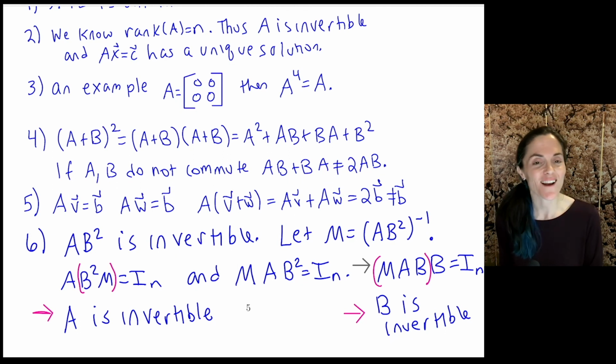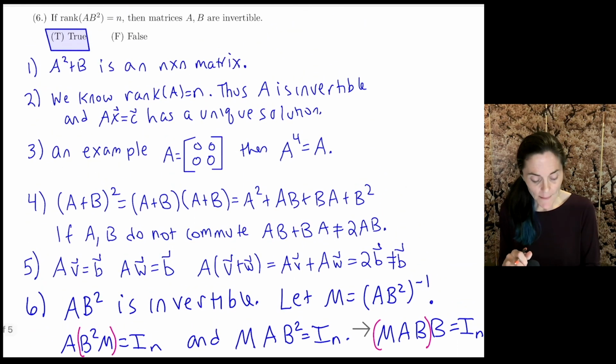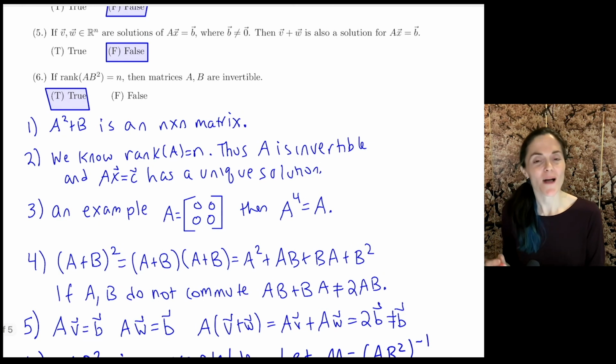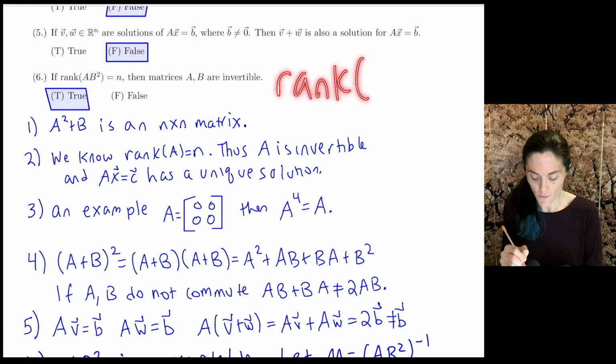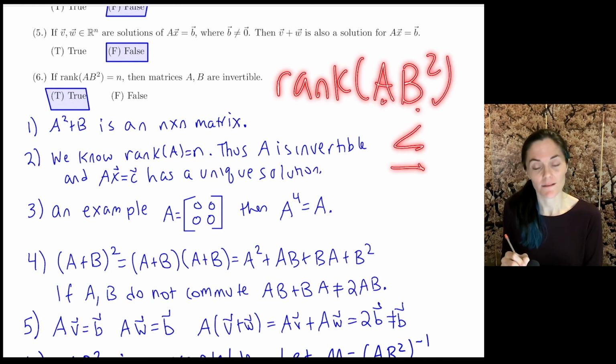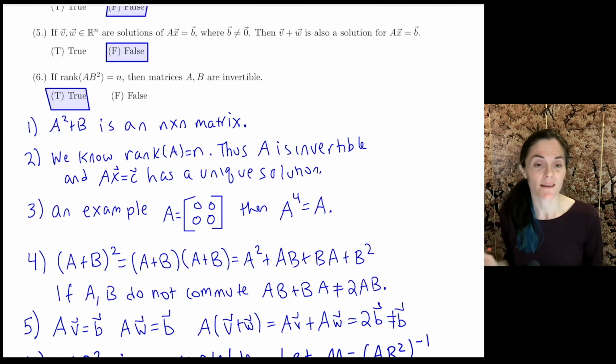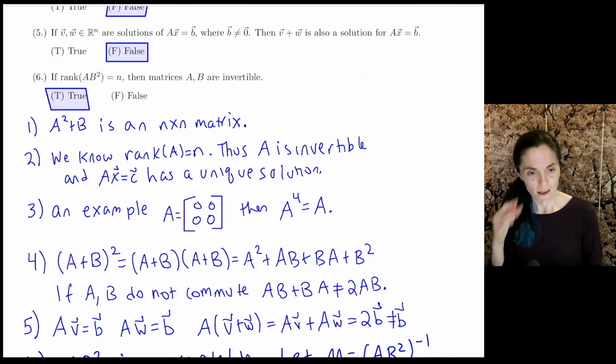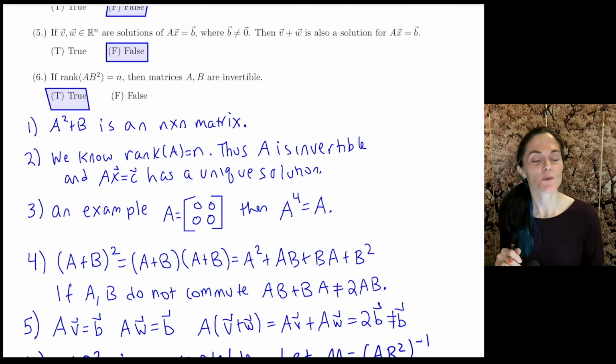You can also make an argument about rank. I think I mentioned, which we will actually discuss later in chapter 3, that the rank of a product is less than or equal to the rank of the pieces, but the product has full rank. And so necessarily A would have to be rank n, and B squared would have to be rank n. And from that you could get that B must also be rank n, which would imply both matrices are invertible.